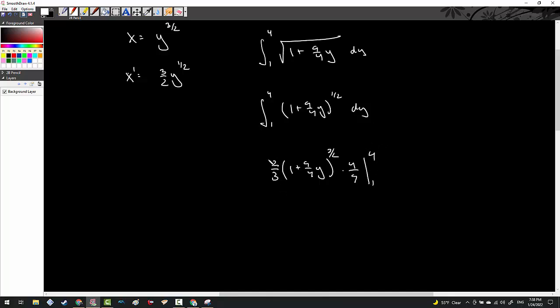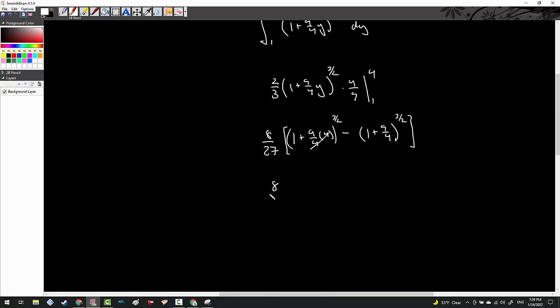Again, this should look somewhat familiar. 8 over 27 times 1 plus 9/4 times 4, minus, I'm going to put them in parentheses here, to the 3/2, 1 plus 9/4 to the 3/2. Those guys are going to go away, and you'll end up with 8 over 27 times 10 to the 3/2 minus 13 over 4 to the 3/2 power.